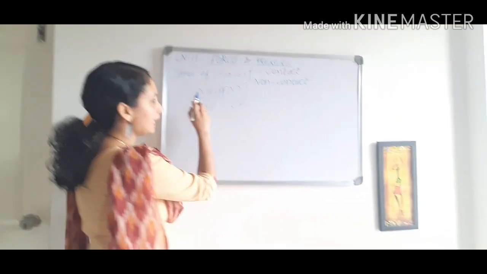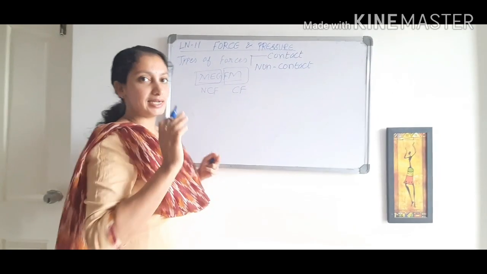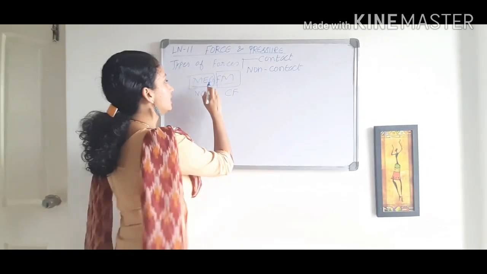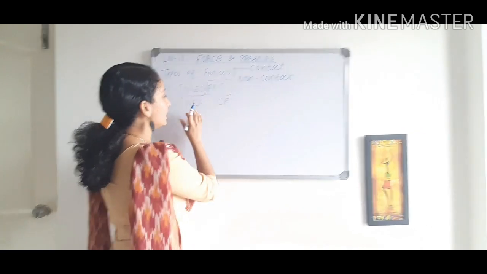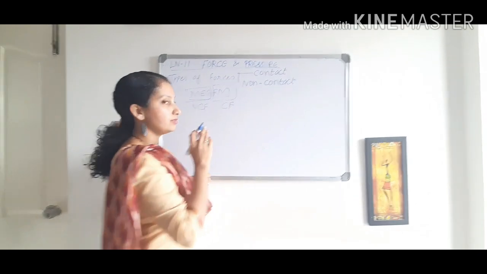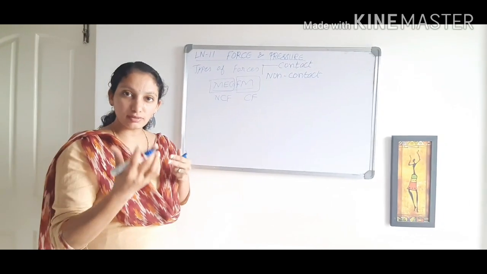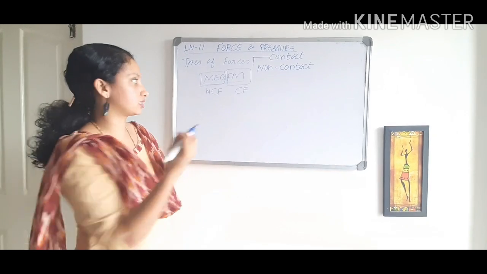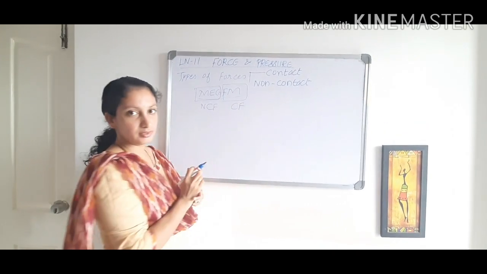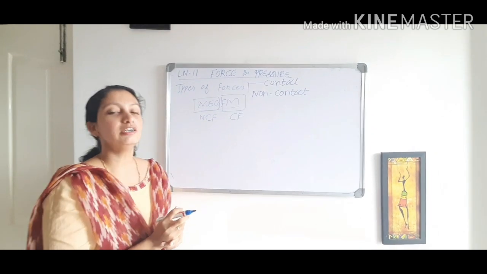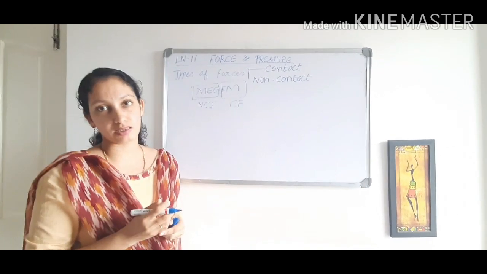M is for magnetic force, E for electrostatic force, G for gravitational force. These three are non-contact forces, where the force happens without contact between two objects. The next one is contact forces, FM. F stands for frictional force and M for muscular force.